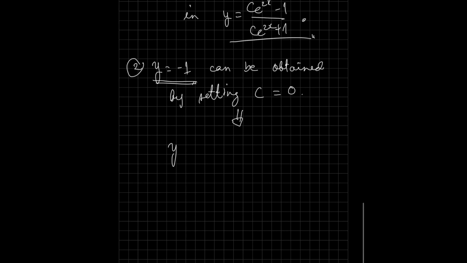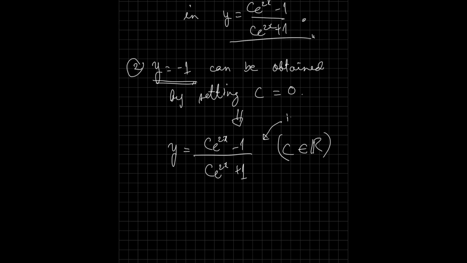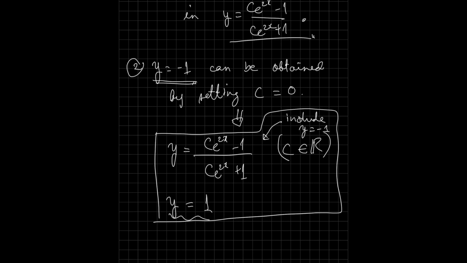And so our new solution would be, now here c is any real number, so it doesn't matter. We can now use 0. And if we do that, this will now include y equals negative 1. But it will not include y equals positive 1. And so we have to write y equals 1 as a separate solution.